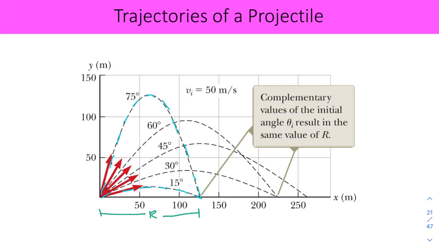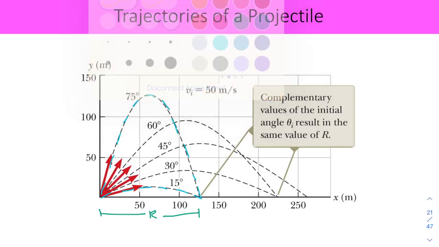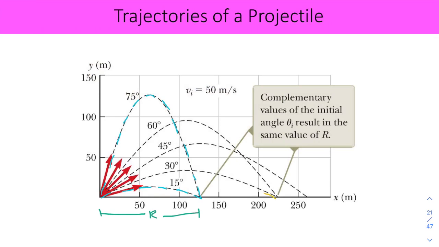Same goes to this one, right? And this one. See, the yellow R is the same, isn't it? That means you may use 2 angles to reach the same R. What does that mean in terms of math?